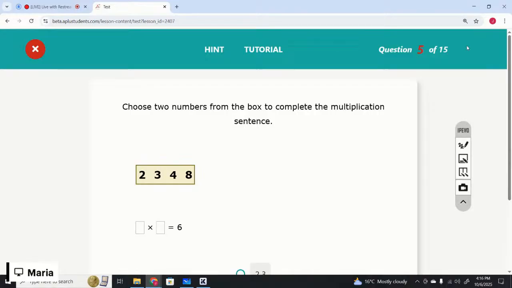Choose two numbers from the box to complete the multiplication sentence. Which two numbers have the product 6?